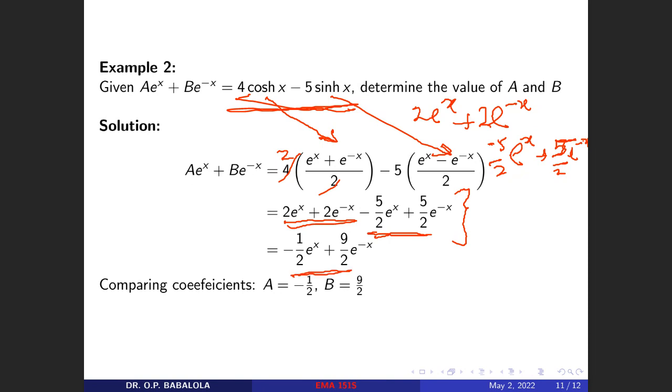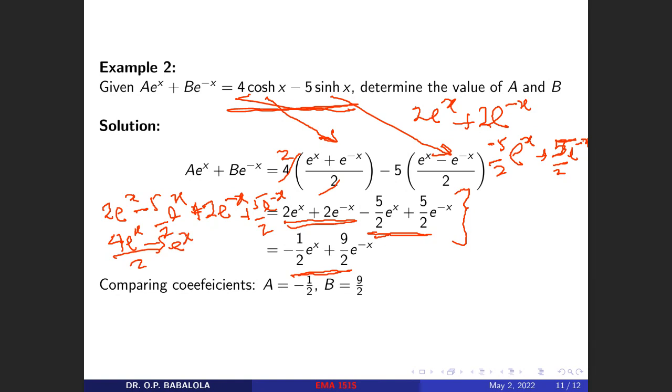And how do you solve it further? I think that should be straightforward. 2 exponential x minus 5 over 2 exponential x, yes, you look at the ones with like terms, plus 2 exponential minus x, then plus 5 over 2 exponential minus x. You solve for this, it will be 4 exponential x minus 5 exponential x over 2, and this will be what?